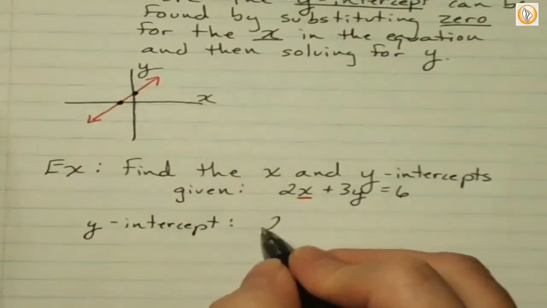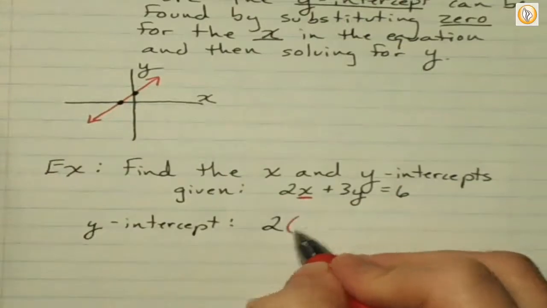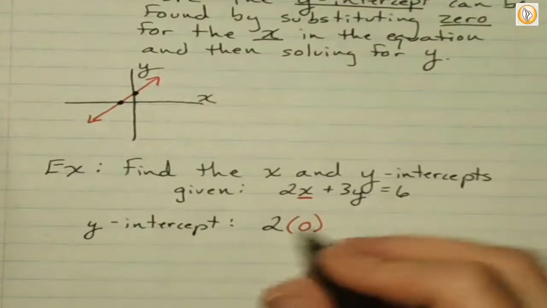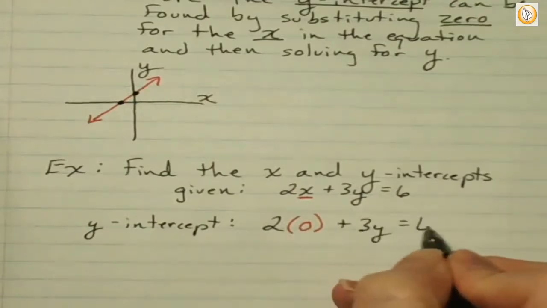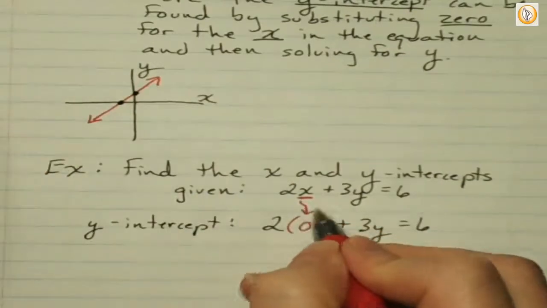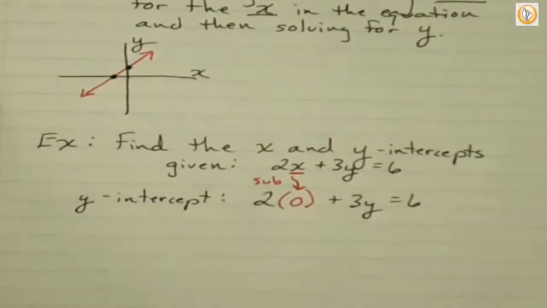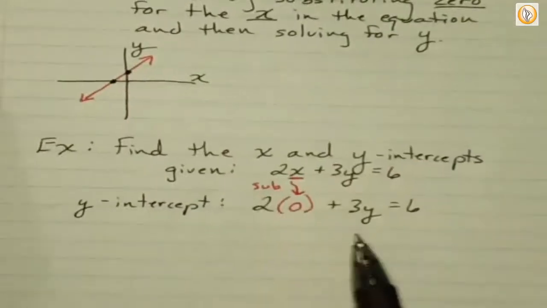So I'm going to write 2 times 0 plus 3y equals 6. Because right here it says you can substitute the 0.